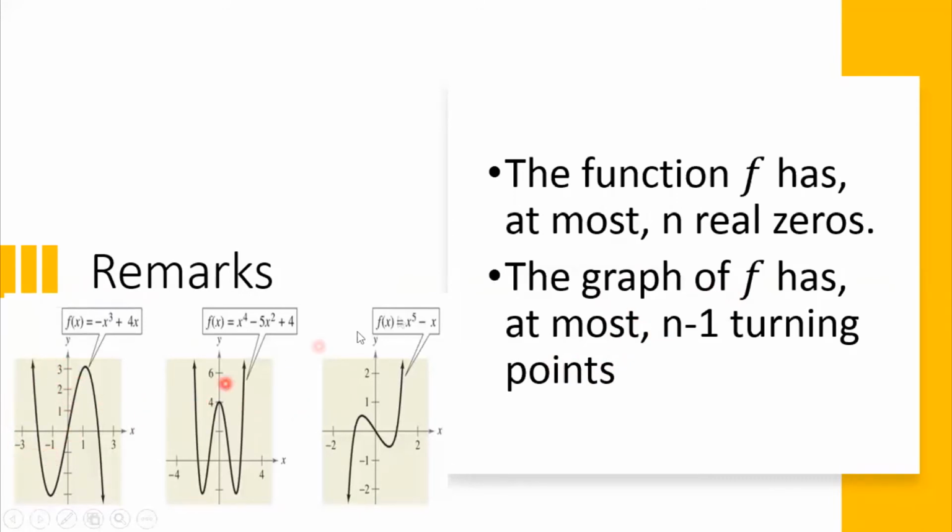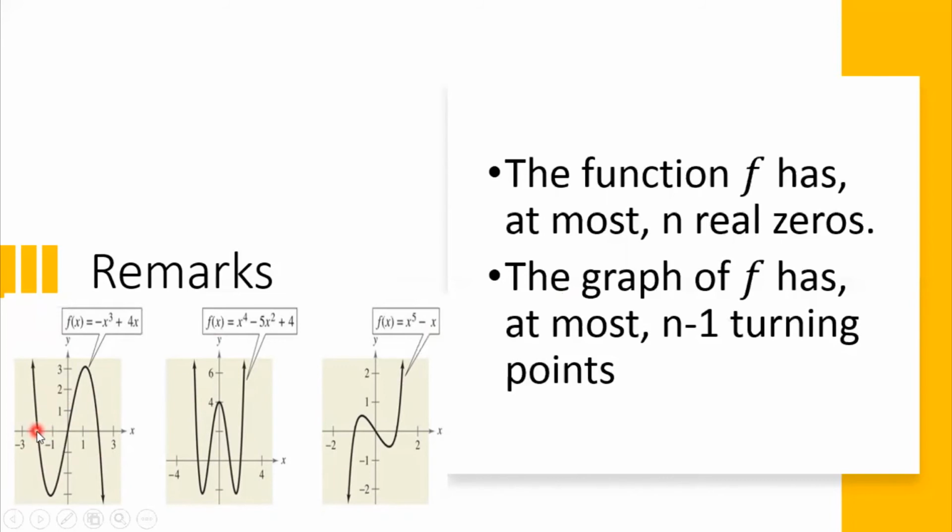In the first example, the function f has at most n real zeros. We have n, which is the degree, which is 3, so at most 3 real zeros. How many zeros do we have? These are the values of x where the graph touches or crosses, the real zeros.